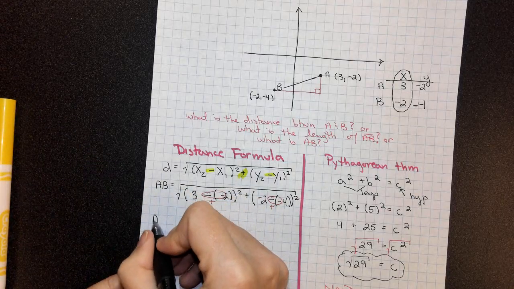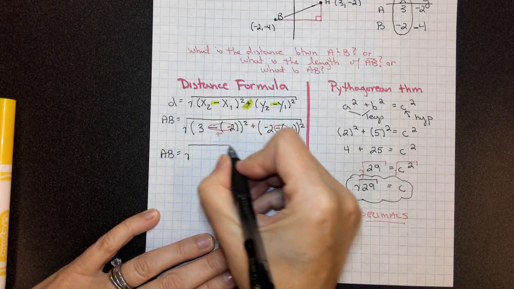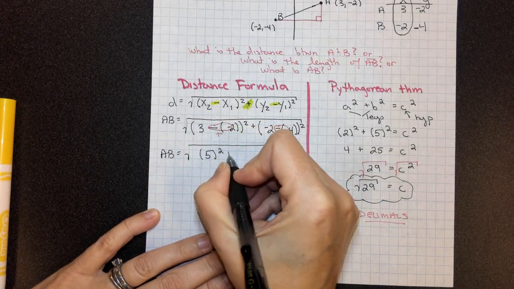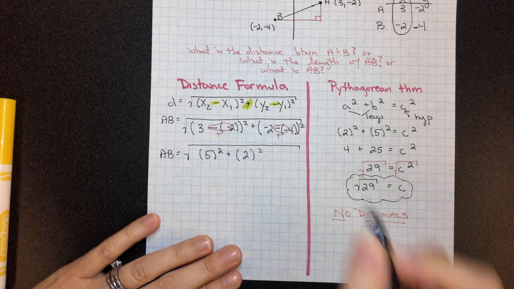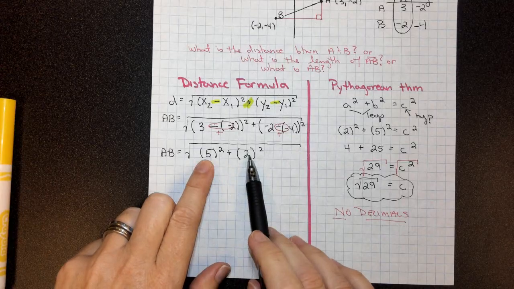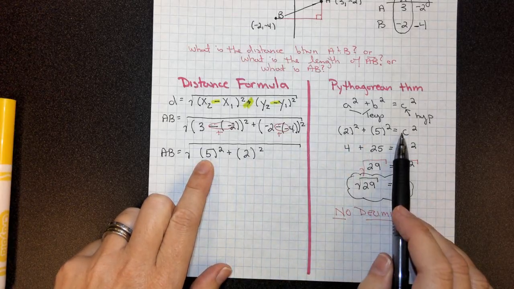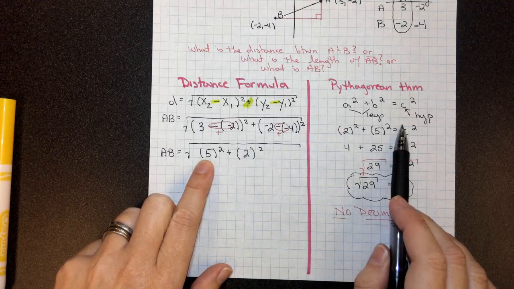So the length of AB will be equal to the square root of 5 squared plus 2 squared. Now notice these numbers are right here. In fact, if I had square rooted both sides here, I now have the same formula.